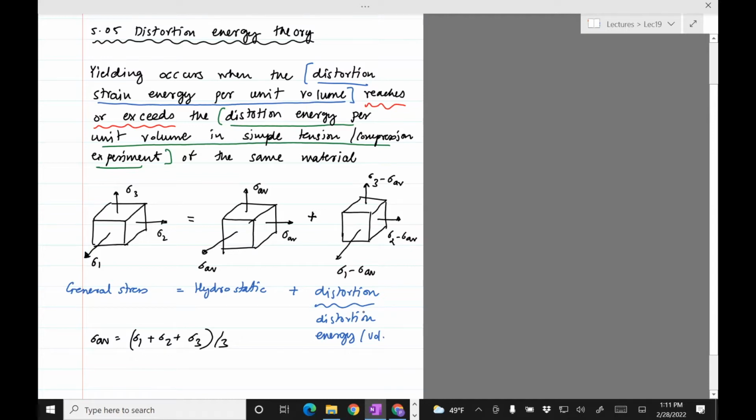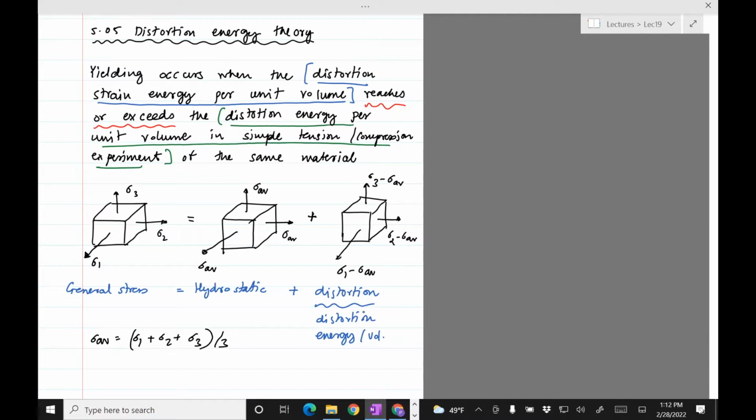Now, why do we use this theory? It turns out that when they loaded specimens with sigma average and kept increasing sigma average, they found that maximum shear stress theory is not able to explain the failure of those materials, indicating that there's something else going on.